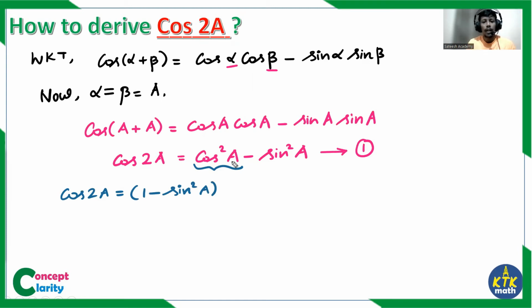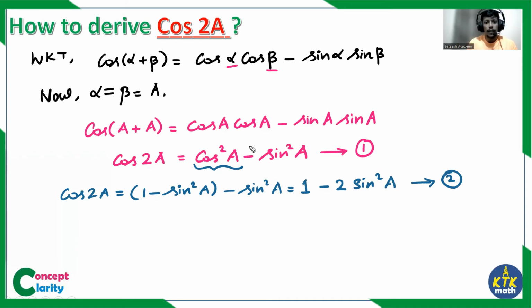So cos square A I can write as 1 minus sin square A, and the second term remains the same. Now check what happens. This 1 will come the same, and minus sin square A minus sin square A will become minus 2 sin square A. So this is also one of the identities for cos 2A, in terms of sin square A.